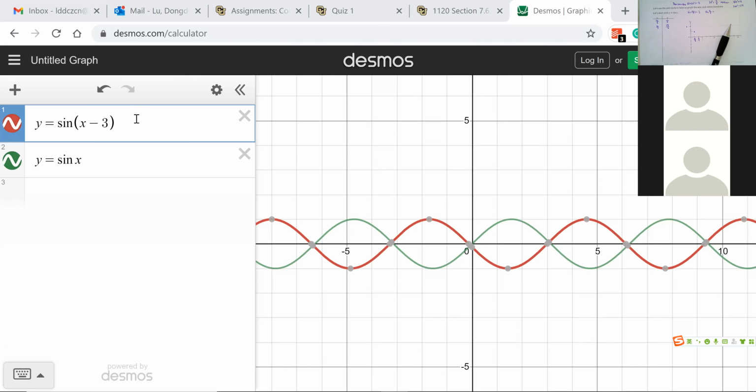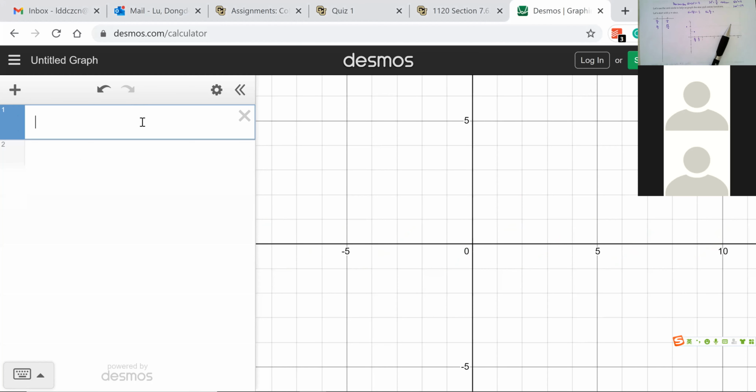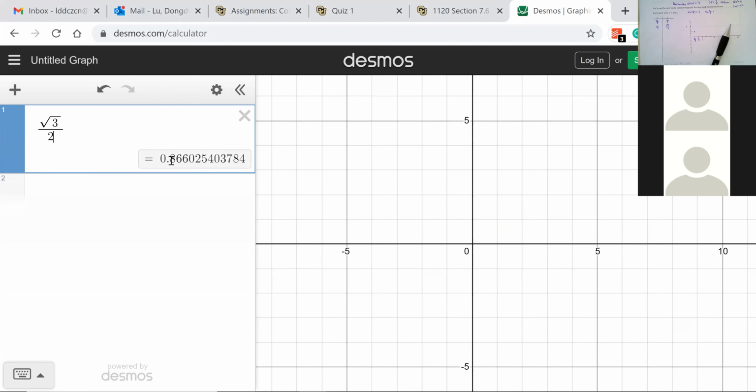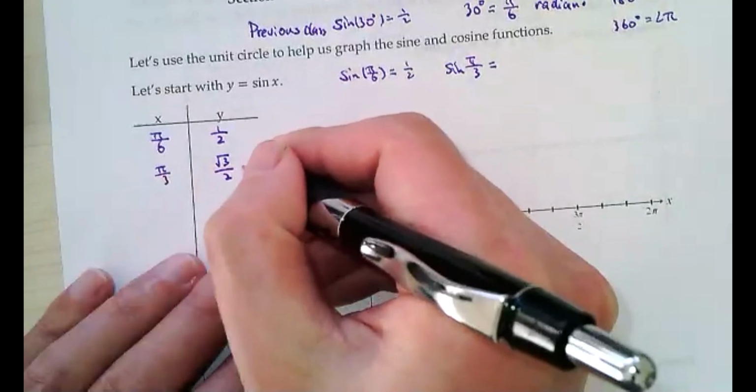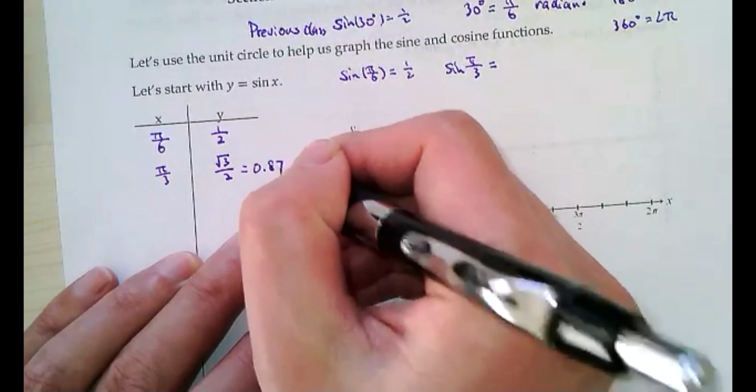So square root of 3 over 2 is approximately 0.86. Okay. So let's go back and figure that out.